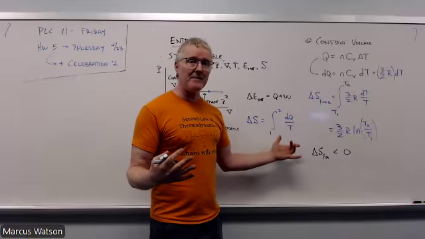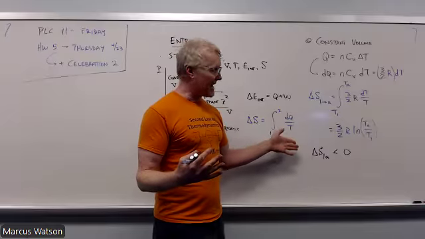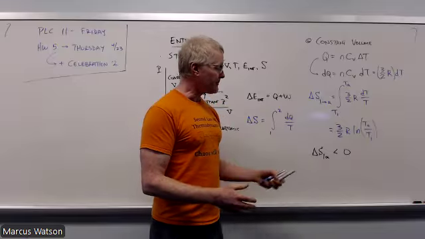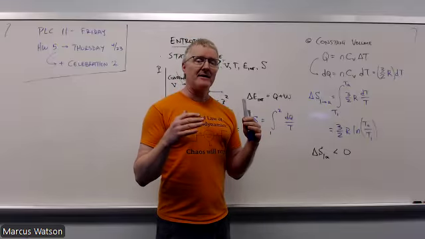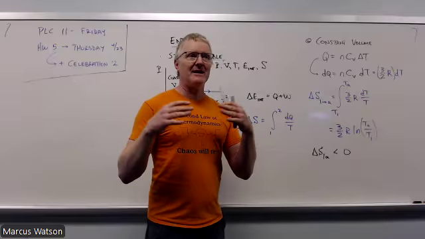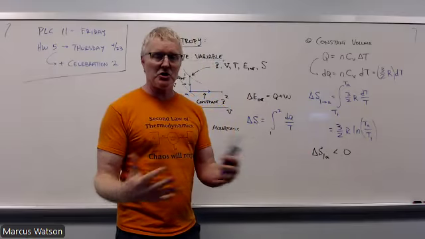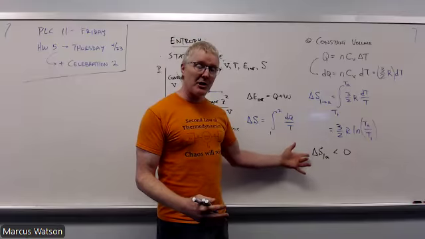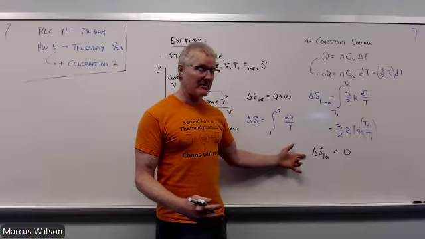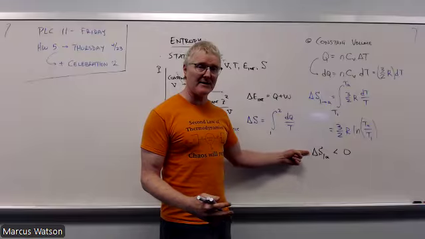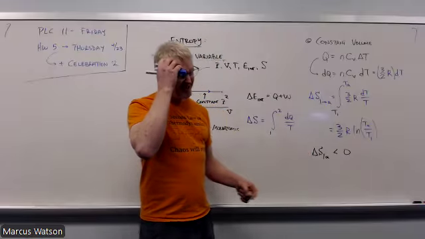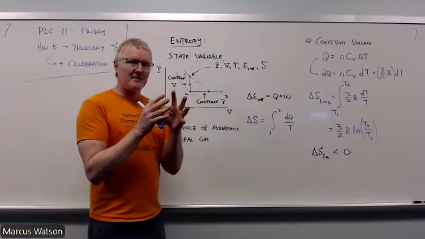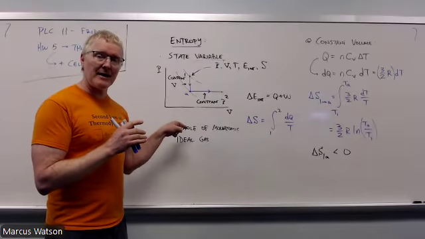One of the statements of the second law has to do with the increase of entropy. We find, in general, that the entropy of the system you're talking about always increases. I have therefore contravened that law with this statement and the findings of this process. The reason is that I'm looking only at the system of the monatomic ideal gas.